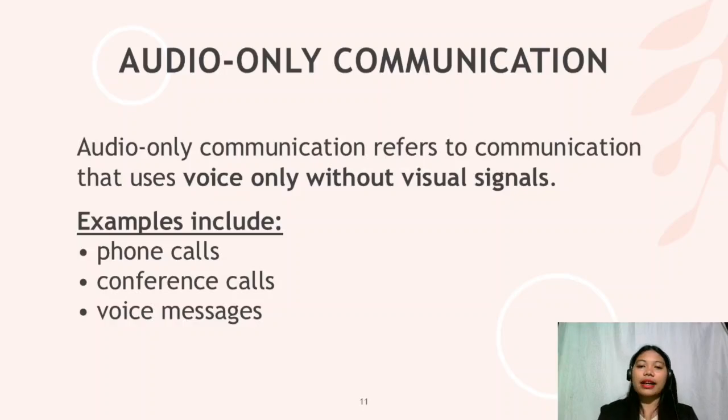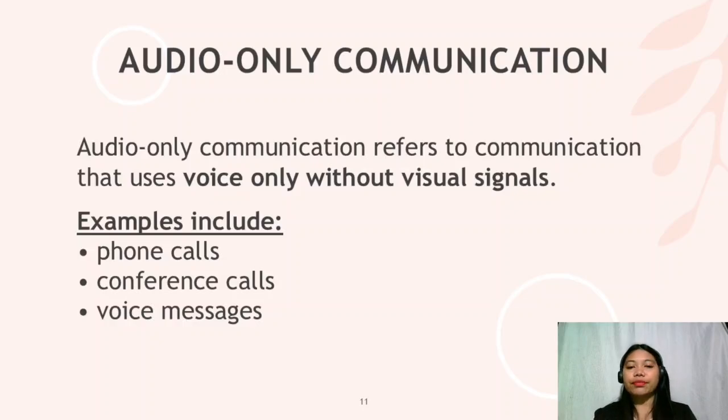Okay, now in audio only communication or audio only interaction, the speaker's voice becomes very important because listeners cannot see facial expressions or body language. Therefore, speakers must pay attention to pronunciation, tone, and clarity when speaking.